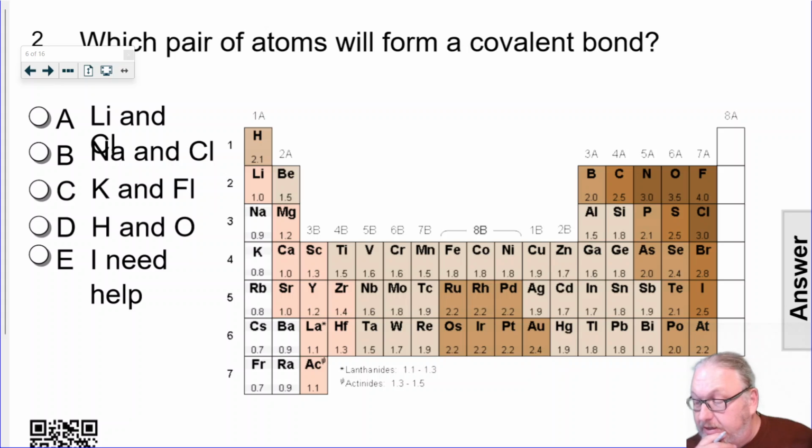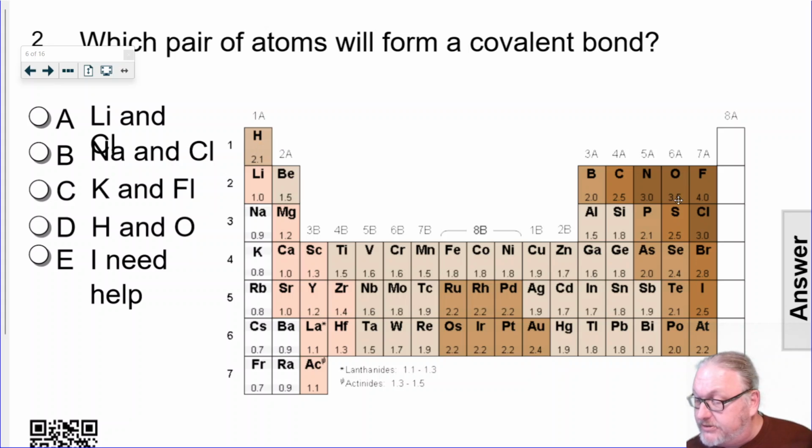Okay, which of these will form a covalent bond? Lithium and chlorine, and we can tell real quick, that's a 3. Nope. Sodium and chlorine, yeah, we know that. Nope. Potassium and I don't know what FL is. Tricky question. So we get that one out.